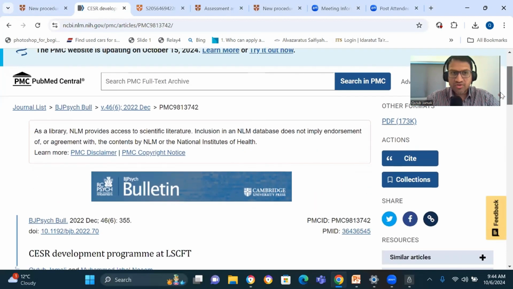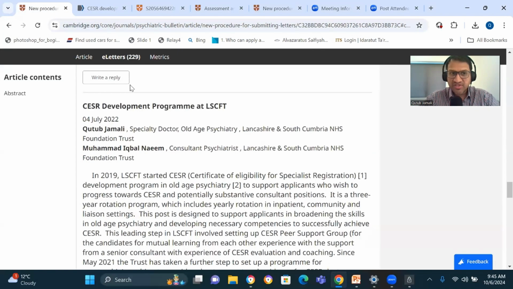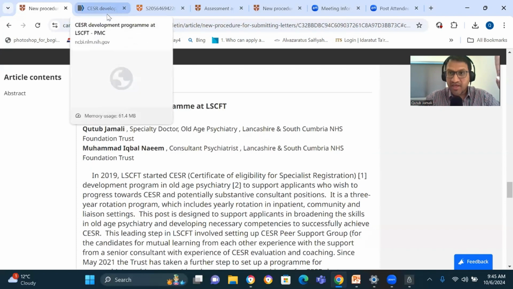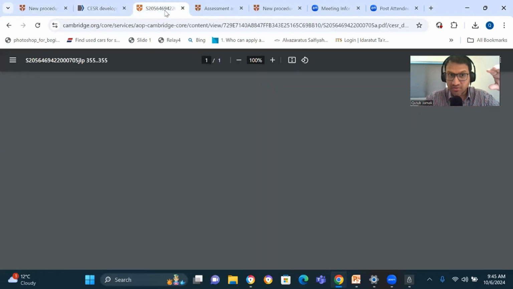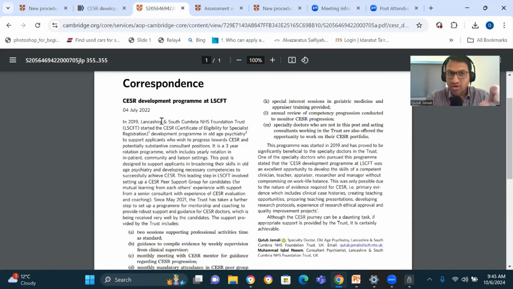So this was published in December 2022. As you can see, the e-letter was published on the 4th of July 2022, but then it got published as a correspondence, which is this. This is the e-letter, which is dated 4th of July 2022.